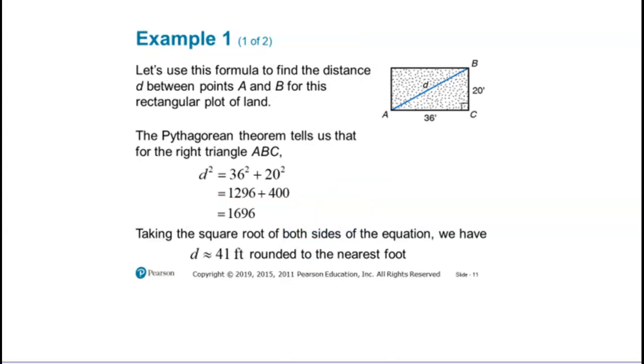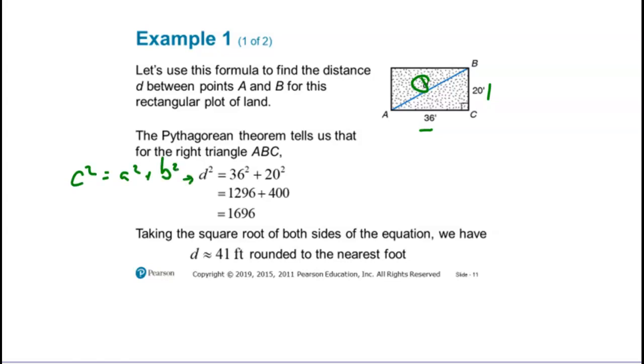Well, let's go ahead and look at an example here. We're going to use the Pythagorean theorem to find the distance for D, and that is the hypotenuse of the triangle that splits the rectangular field in half. If D is the hypotenuse and one side is 36 and the other side is 20, and those are in feet, we have our formula, c squared equals a squared plus b squared.